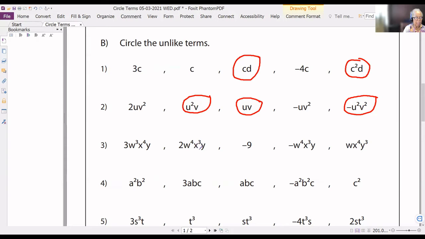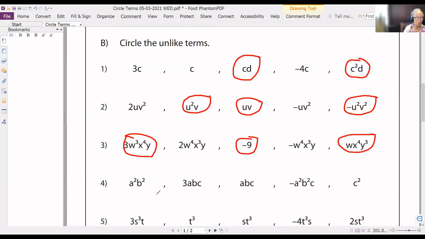W to the fourth, X to the third, Y. What is not like is this one, which is W to the third, unlike, and of course the constant, and this one, unlike.